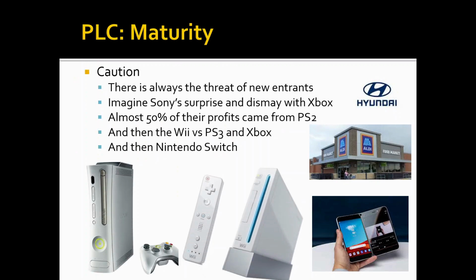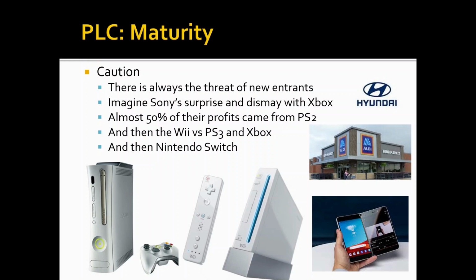Now, there's always a chance there's new companies that can come in. So you just can't sit back and enjoy maturity. Xbox came in when Sony and the PS2 had the market tied up. And then Nintendo came out with Wii and Switch and took sales away from Xbox and Sony.